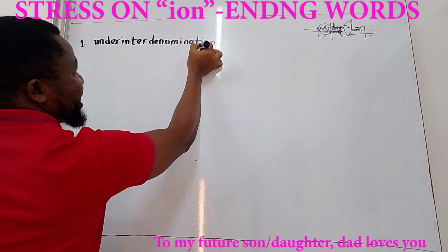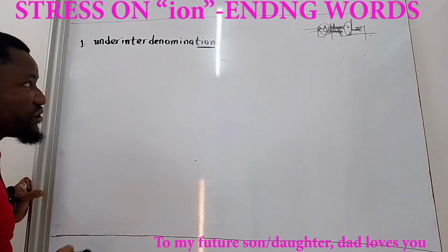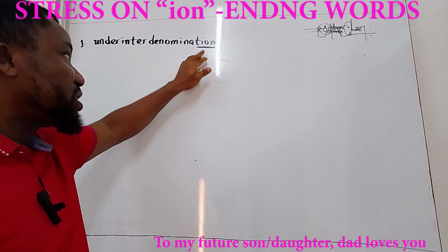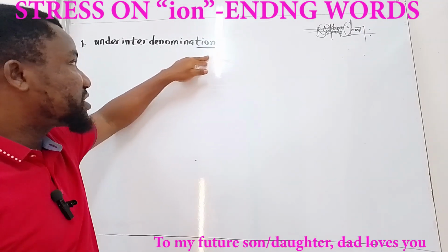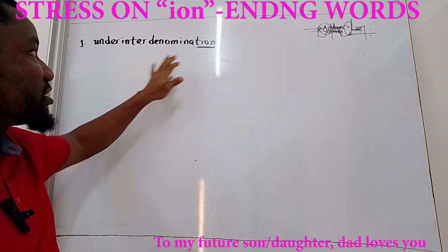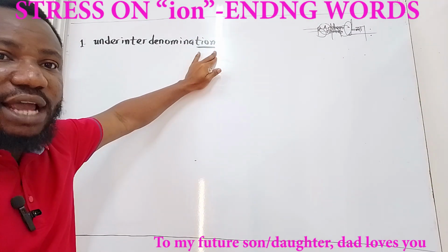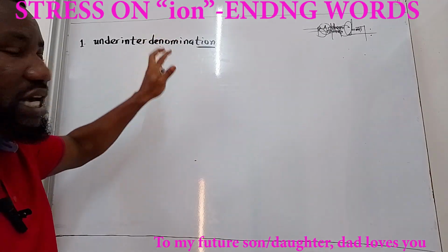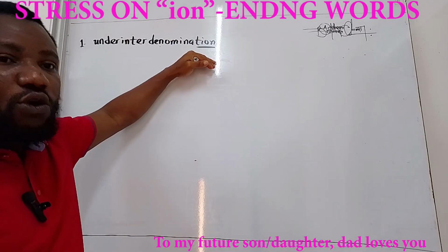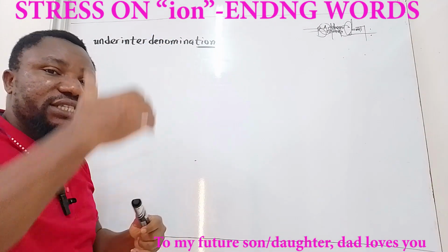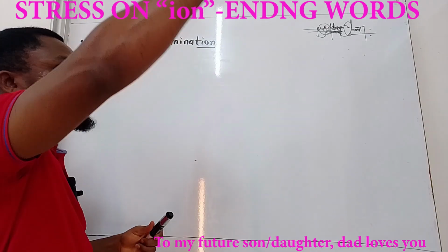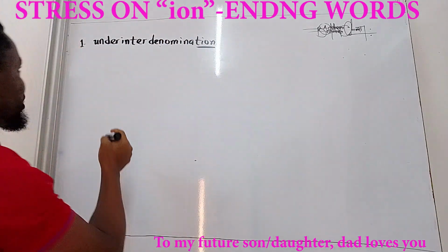Remember, this is the syllable with the ion, right? And I did say that when the word ends in tion, the tion syllable does not carry the stress. Rather, you go to the syllable before the tion, or you simply say the second syllable from the end of the word. So let's break this word into syllables.